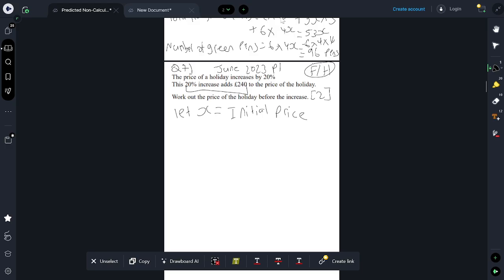So that's telling us 20% of x is 240. How do we write 20% of a number? That's going to be a fifth or 0.2. So let's use a fraction. 20% equals a fifth, which you should recognise. So this is saying a fifth of x, a fifth times x, is 240.